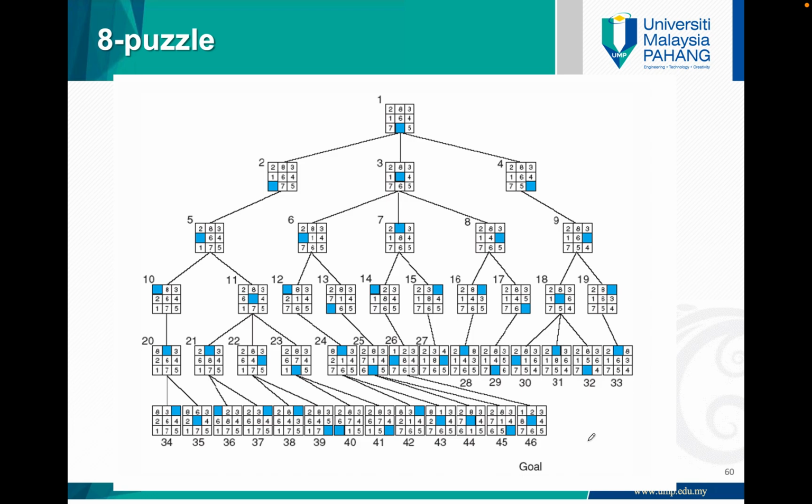Remove H. And then it goes to I. I doesn't have any successors. Successors mean the nodes connected to it, right? Children. I doesn't have any successors. Remove I. And then we go to E.